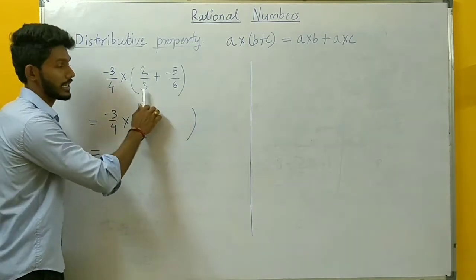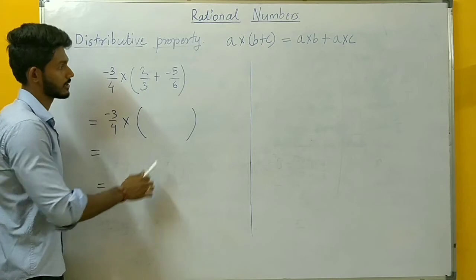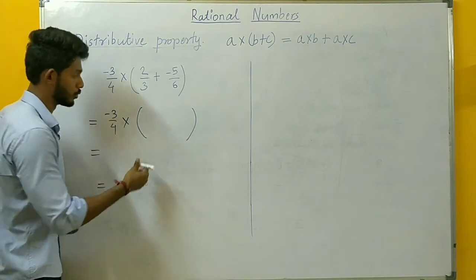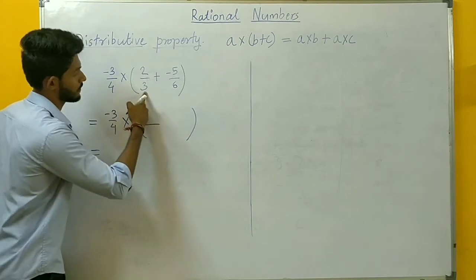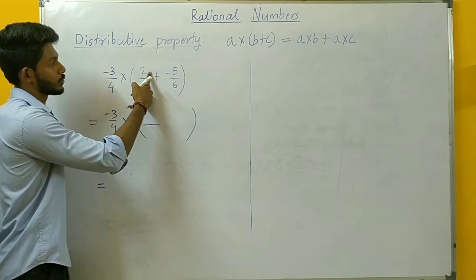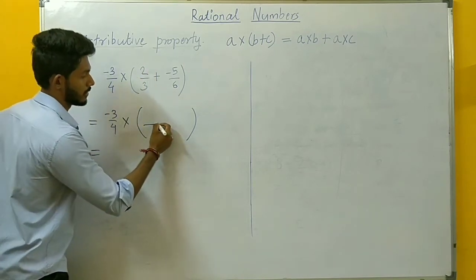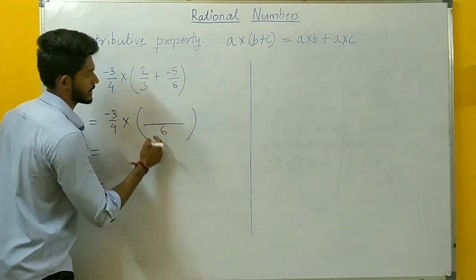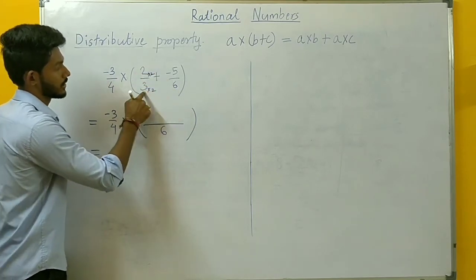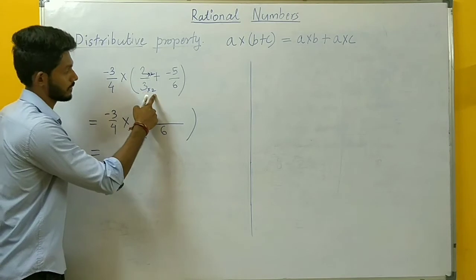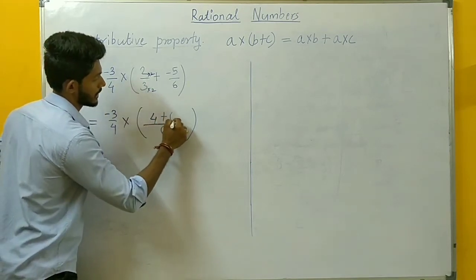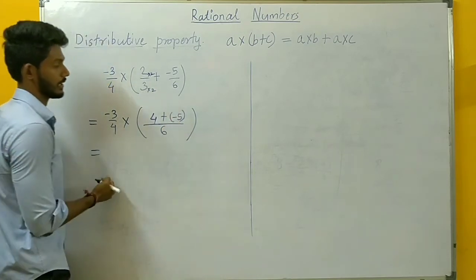The LCM of 3 and 6 is 6. How do we make 6 from 3? By multiplying by 2. Since we are multiplying 3 by 2, we also have to multiply the numerator by 2, so we get denominator 6. So 2 will be multiplied to 2, because we multiplied 3 with 2. So 2 into 2 becomes 4, plus negative 5 as it is.